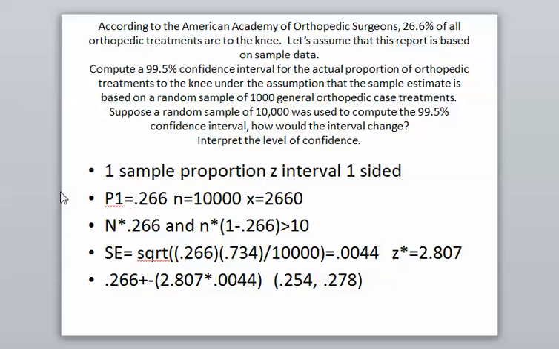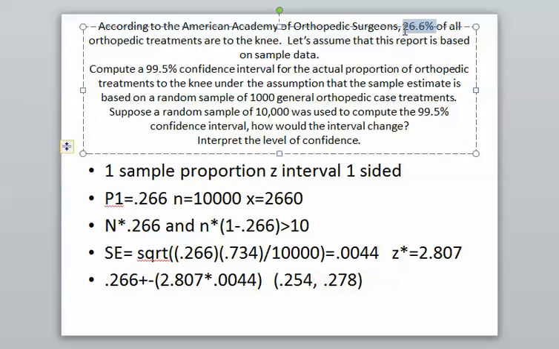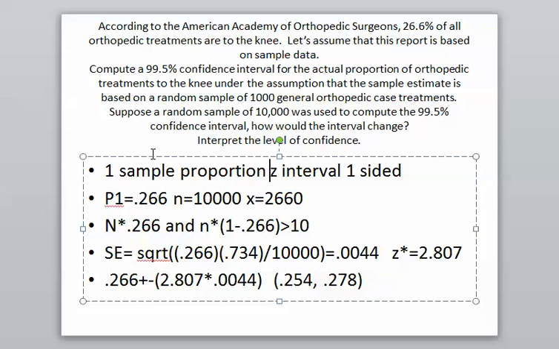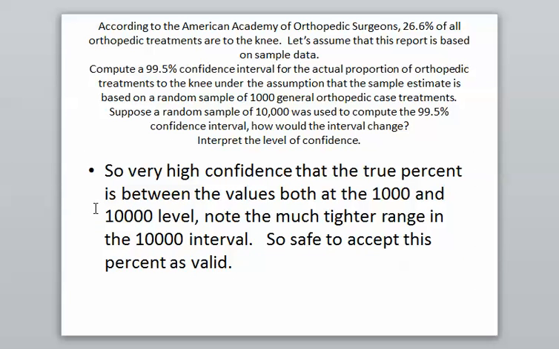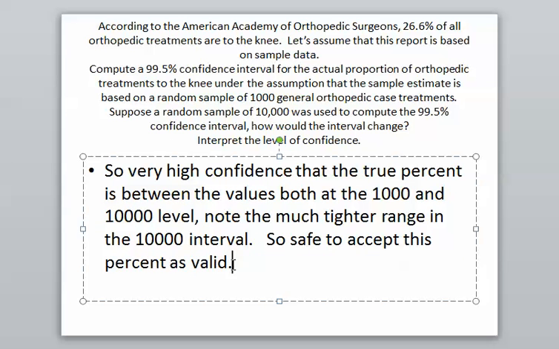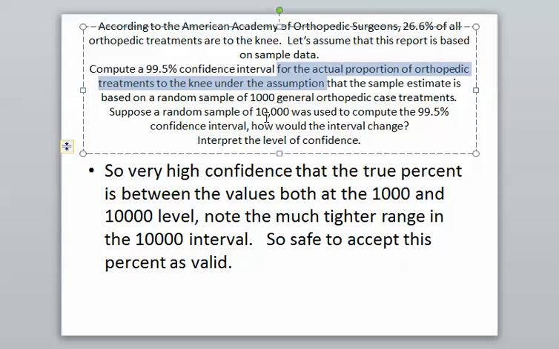Much smaller range there, but it still contains this 26.6%. And so it's safe to accept the percentage as a valid percentage. Okay? So even at 1,000, you were going, I could accept it. At 10,000, I'd still accept it, so it's a valid percentage. That's what we're going to go with.